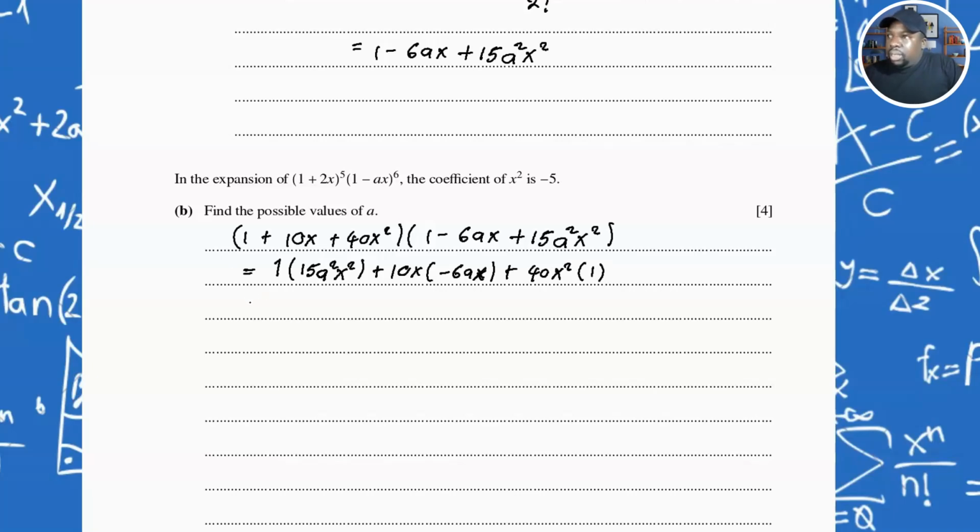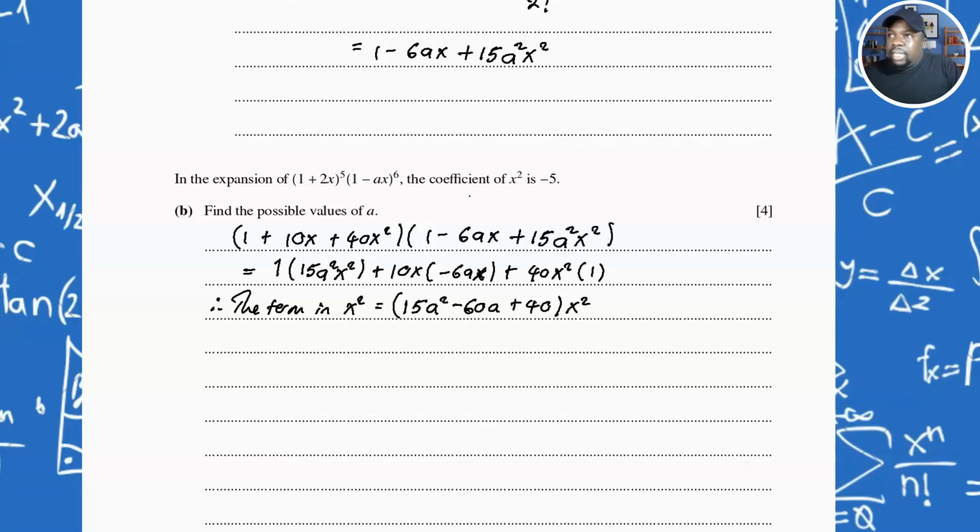So that's how we get the term in x squared. Therefore the term in x squared is 15 a squared, minus 60a, and plus 40, all of x squared. That's the term in x squared right here.